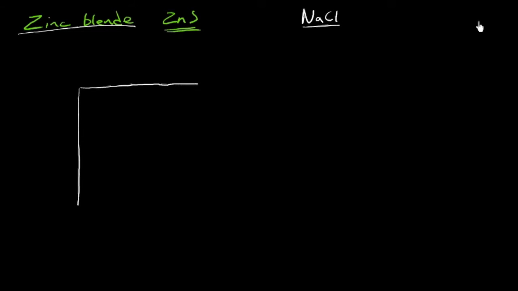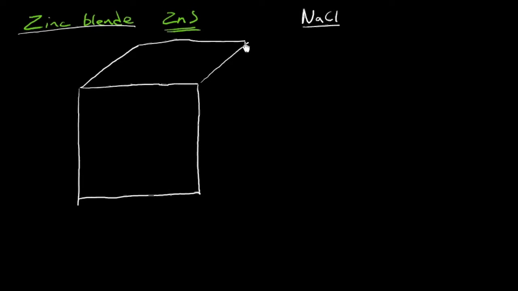So what we've done historically is name it after the most famous ceramic structure that has that arrangement of anions and cations. So again, zinc blende is the same. It's not just zinc and sulfur that has this arrangement. There are other important semiconductor devices, for example, that have the zinc blende crystal structure.